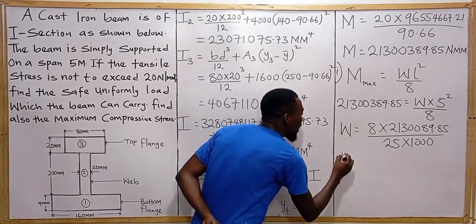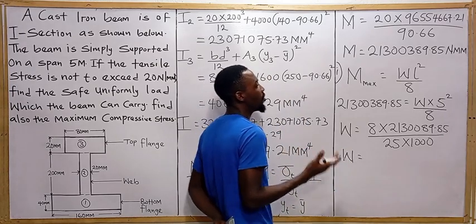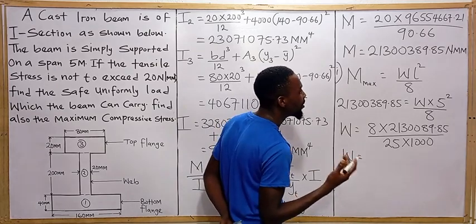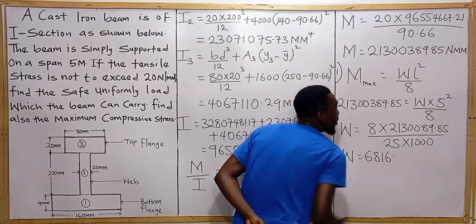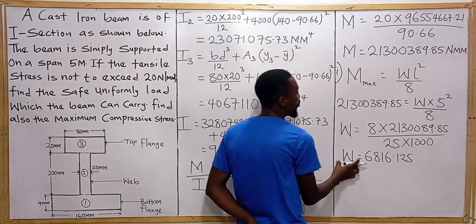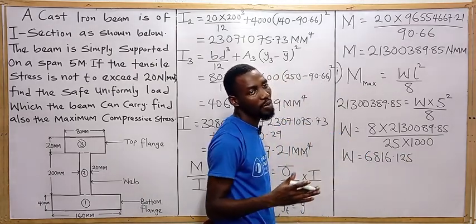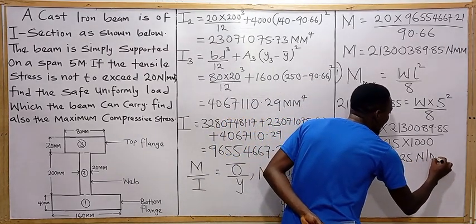So if you press it in your calculator, the value of W that they want you to find here is going to be 6816.125. So what will be the unit? The unit is going to be Newton per meter.